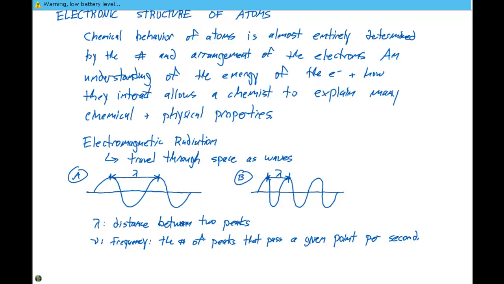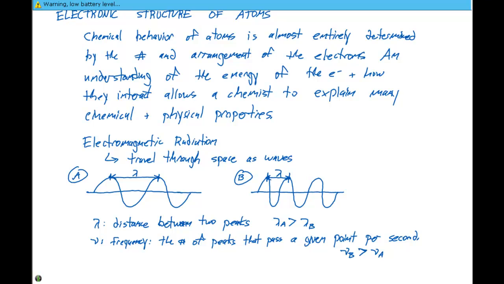So if we look at these, the wavelength for wave A is going to be greater than the wavelength for wave B, whereas the frequency of wave B is going to be greater than the frequency for wave A.